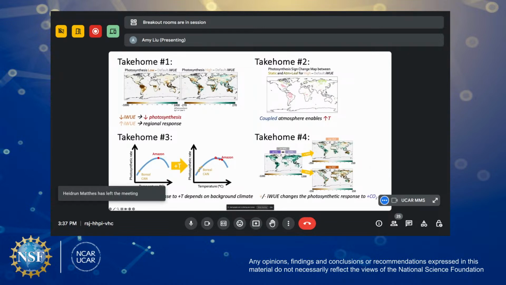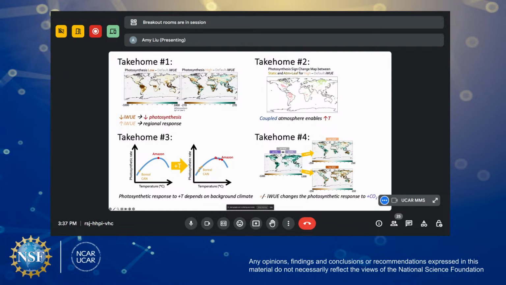So these are our take-home points, somewhat summarized. Our first take-home point is that our choice of intrinsic water use efficiency matters and affects the photosynthetic response we get, where if we decrease the intrinsic water use efficiency, we get a decrease in photosynthesis, but if we increase intrinsic water use efficiency, we get a regional response.